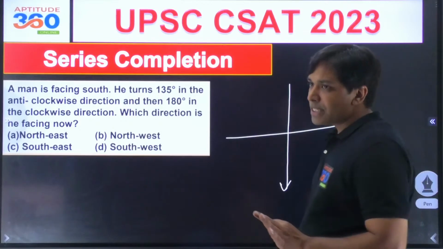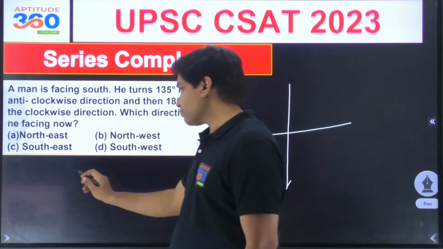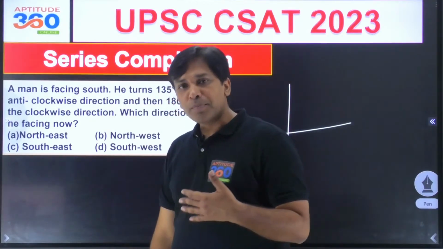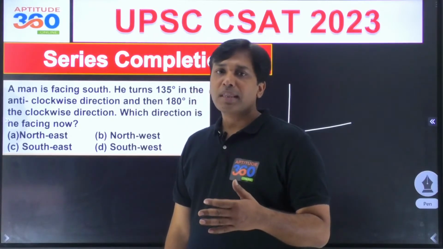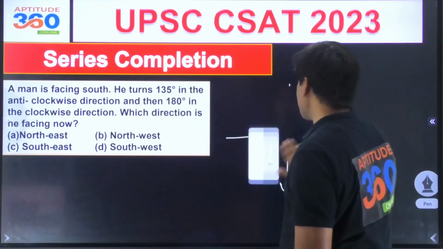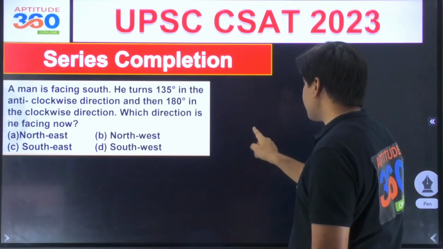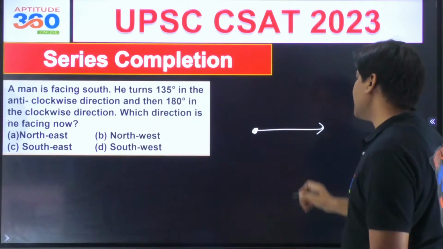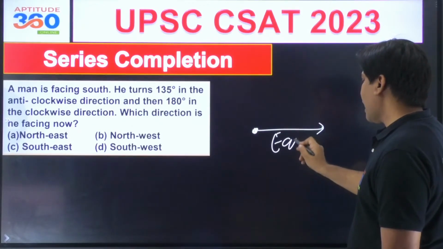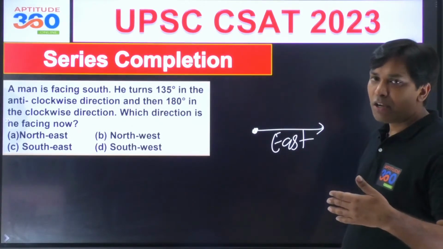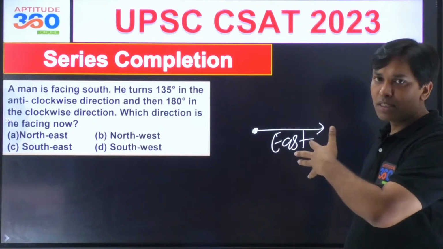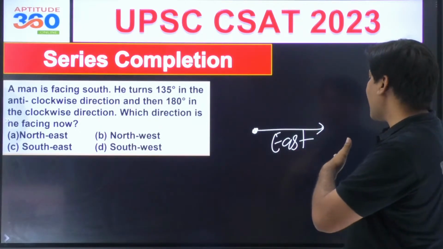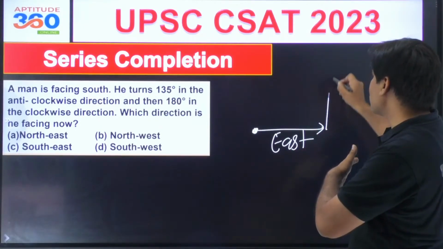South face कर रहा है. एक जो बड़ी सिंपल सी चीज है ना, वो ये समझ के रखना, अगर problem ने आपको ये बोल दिया that somebody starts from a position, and then this person goes in the east direction for a certain distance and then decides to go to the north.